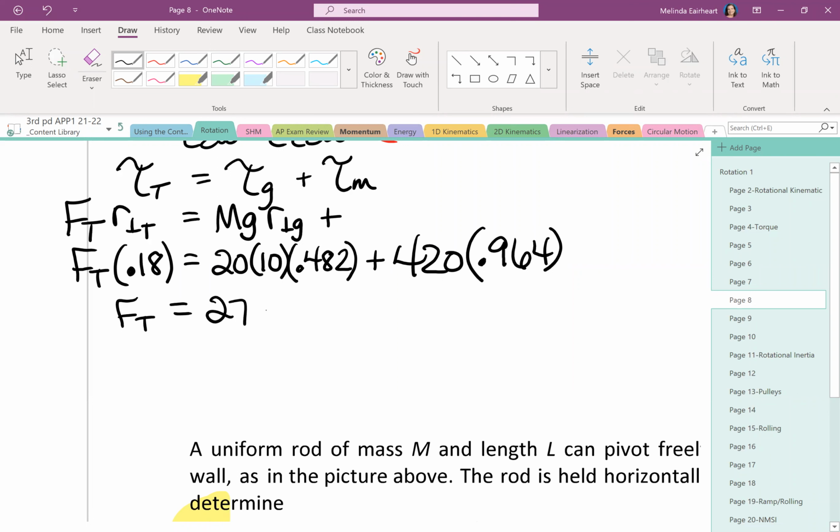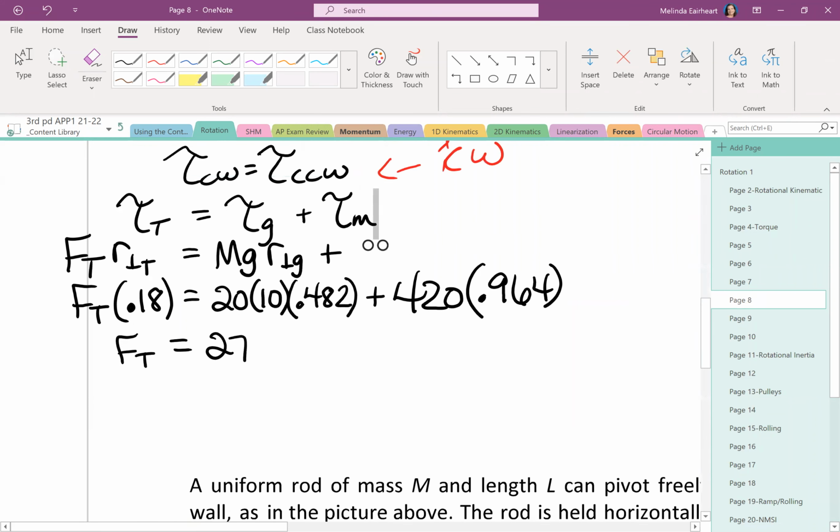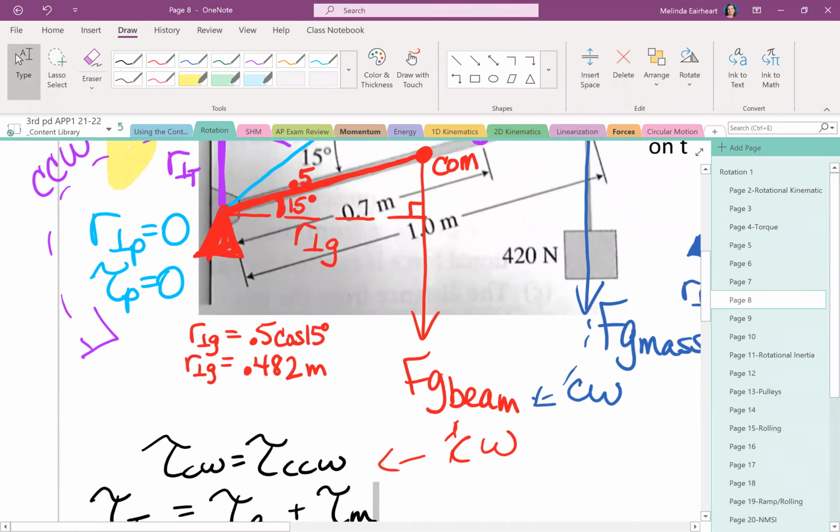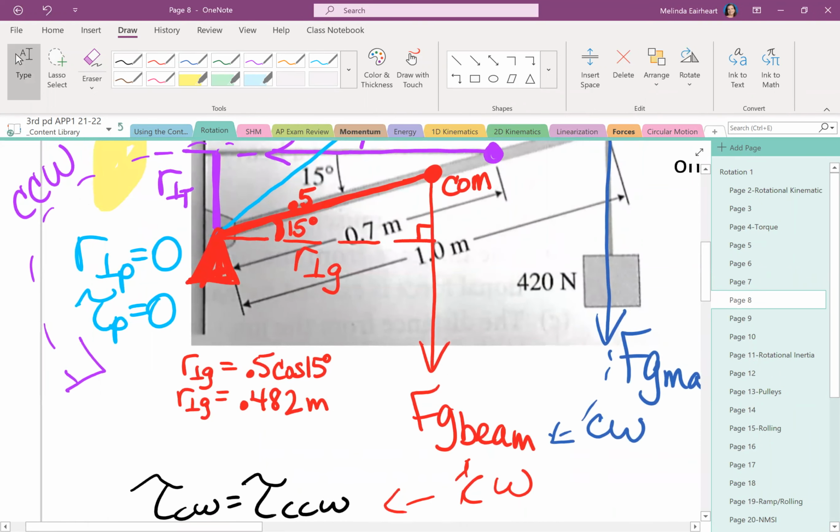Hold on, question? 0.482 was our gravitational lever arm, and that's in red. So we did the center of mass, that hypotenuse was 0.5, and alternate interior, we figured out the 15 was in the bottom left of that red triangle. And the horizontal component is the one that's perpendicular to my FG.